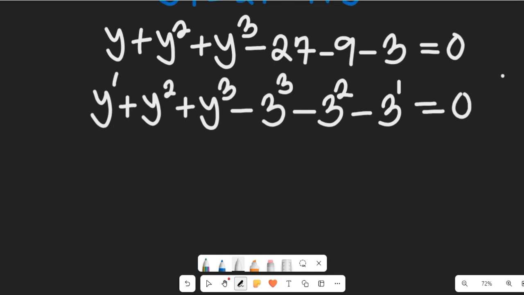Good. Now at this point, I can regroup this expression. 3 goes with 3, 2 goes with 2, and 1 goes with 1. So this will give me the expression y to the power of 3 minus 3 to the power of 3, right?